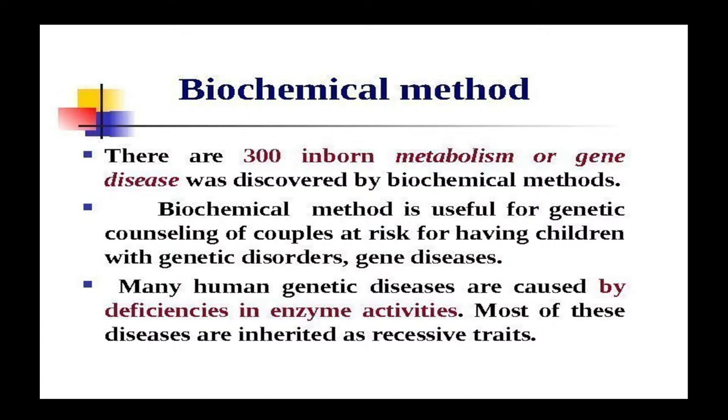We can use this method for diagnosis of mutations in tumors. So these cytogenetic methods can be used in oncology too. But the cytogenetic method we can't use for diagnosis of gene mutations and single gene disorders.